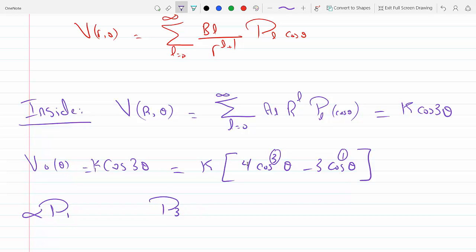Now this is all math: I could multiply the first one by alpha and the second one by beta, and that should get me the polynomial 4 cosine cubed theta minus 3 cosine theta.